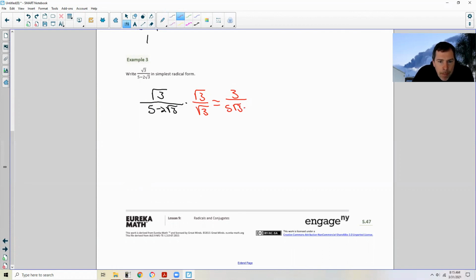And then I'd have minus 2 times root 3 times root 3, which is 3. 3 times 2 is 6. And I get this. Well, what good did that do us? We got a fraction that's still equivalent to the first one, but it's still an irrational denominator because of the distribution. So we have to use a conjugate to get rid of that radical altogether.